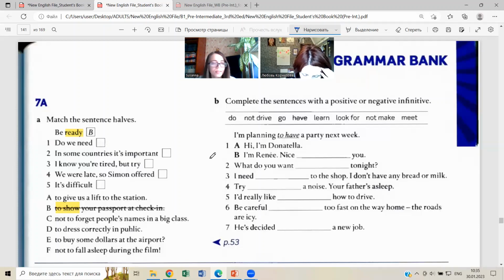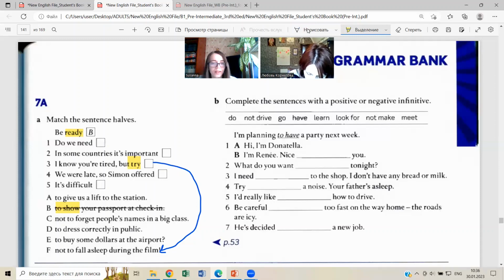Okay, let's match. I know you are tired, but try not to fall asleep during the film. Yes, right. And what is the rule here? After verb. Yes, after try, we need to use the infinitive with to.